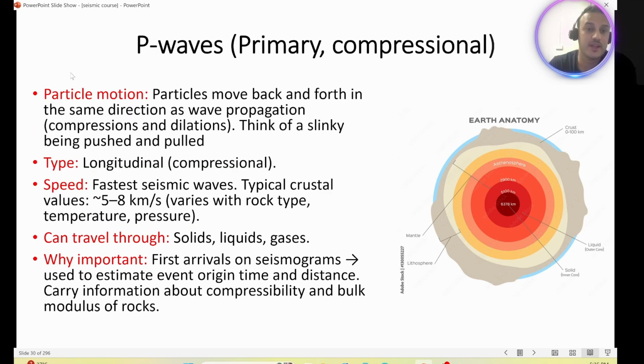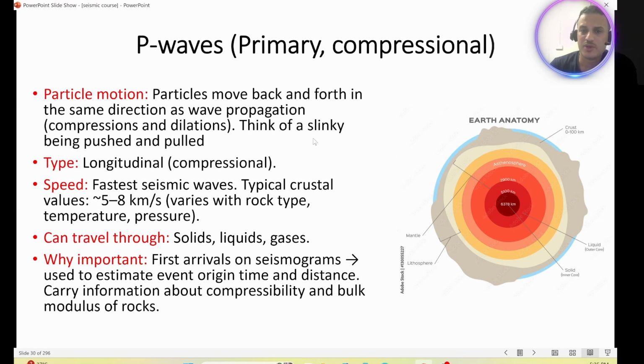So for the P wave, the particles move back and forth in the same direction as wave propagation. This is compressional and dilational. In compression, the rock particles will be compressed and reduced in size, and then in dilation, they spread out back to their original size.